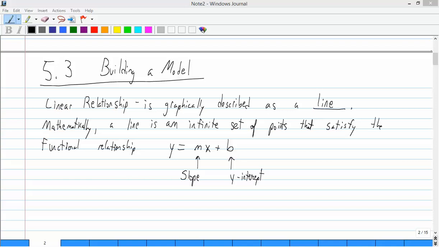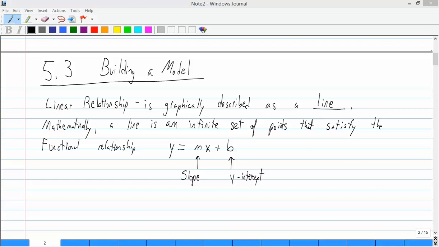Again, y equals mx plus b: the number in front of the x, that's your slope. The number that you add or subtract to your x, that's your y-intercept.